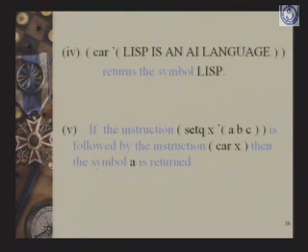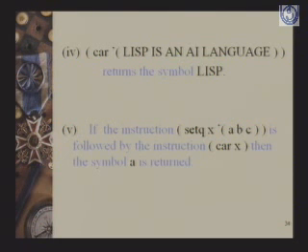Now again, as I mentioned earlier, setq x something not only associates the value of its argument with the symbol, but it also returns the value. For example, setq x quoted list ABC: the quoted list ABC is evaluated, which comes out to be the list ABC, and this is associated as the value of the symbol x.